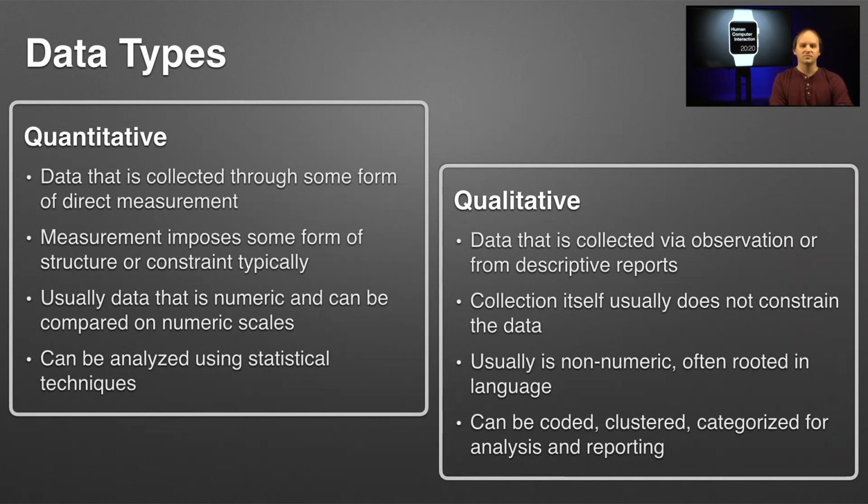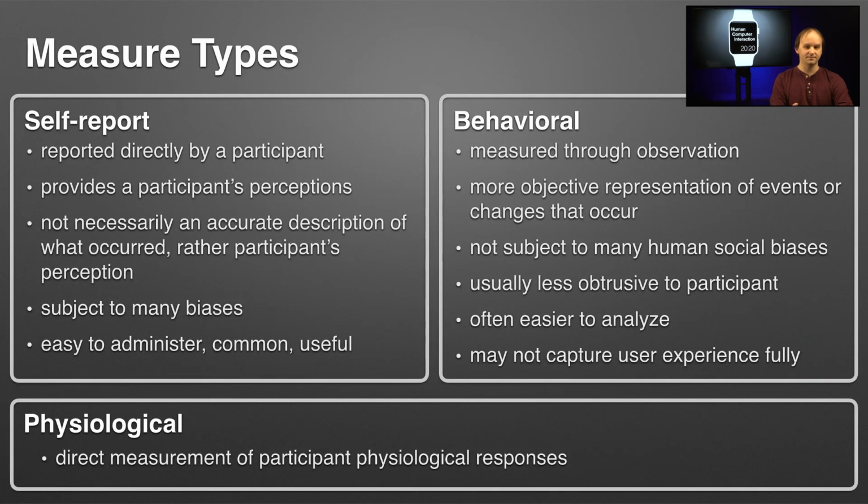So it's usually not numeric data. It's usually based in language, so people talking about something. But usually with qualitative data, you will analyze it, you will code it or cluster it or categorize it to get meaning out of it. And so both types of data are valuable and are useful in doing evaluations.